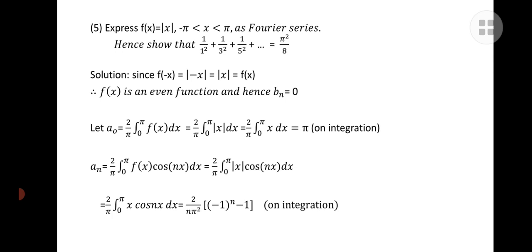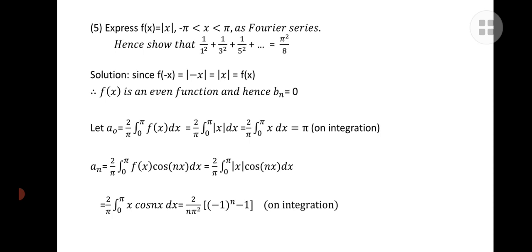For the expansion of f of x is equal to mod of x in the interval minus pi to pi, show that 1 divided by 1 squared plus 1 divided by 3 squared plus 1 divided by 5 squared and so on is equal to pi squared divided by 8. F of x is mod x, so that means it is an even function, and hence the b_n value is 0.